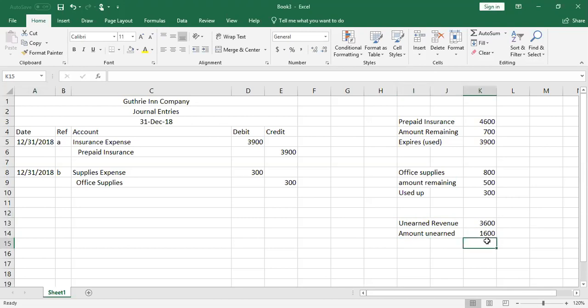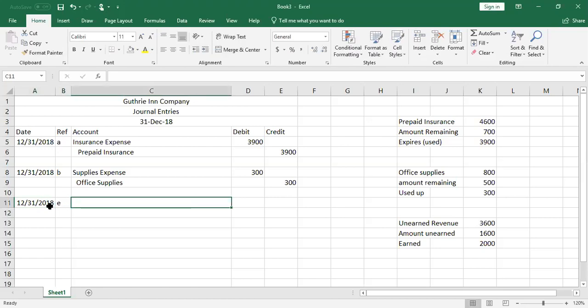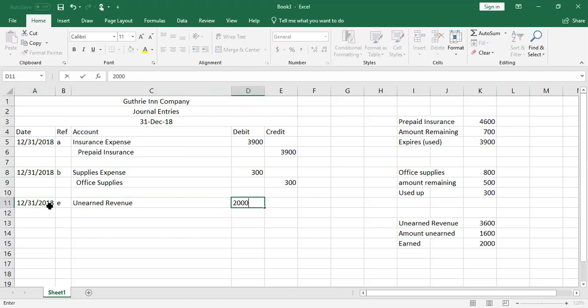So the difference of $2,000 is the part that has been earned from November 20th through December 31st. So on December 31st, 2018, we must make a journal entry reflecting that we've earned $2,000 of the $3,600. So just like before, you'll debit the liability unearned revenue, $2,000, and credit service revenue, $2,000.